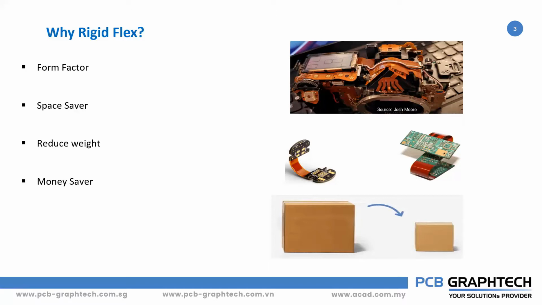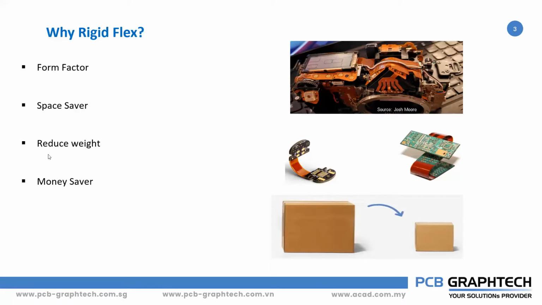Instead of going towards X and Y, you can increase in the Z direction, that is upwards, by placing your components in the stack up. You can see the second picture here. You're reducing the size along your XY direction and increasing the size along the upward direction. So this will minimize the space and size of your board. This is the second reason we go for the Rigid-Flex design.